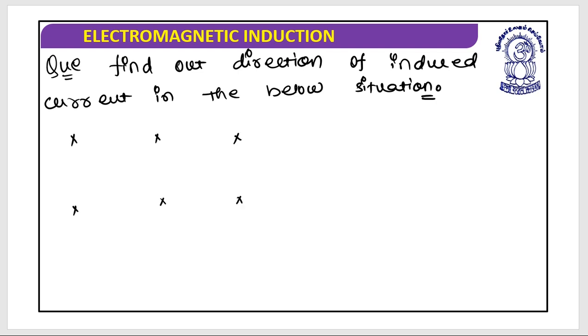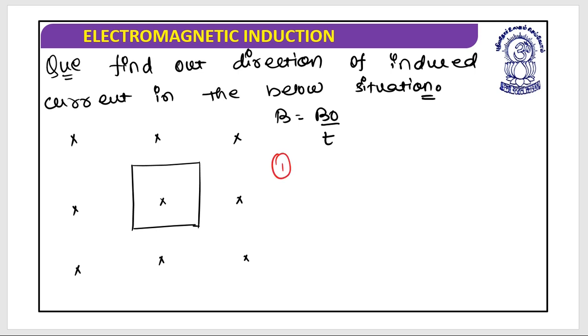This was the direction of the magnetic field, and this is given as B equals B naught by t, and this is the square coil. So let's think one by one. Does it change the magnetic flux? Yes, because the magnetic field is changing, and as time increases, the magnetic field is decreasing.